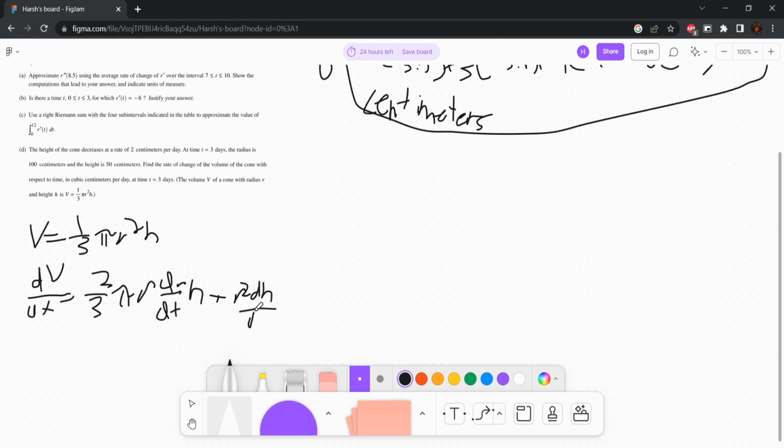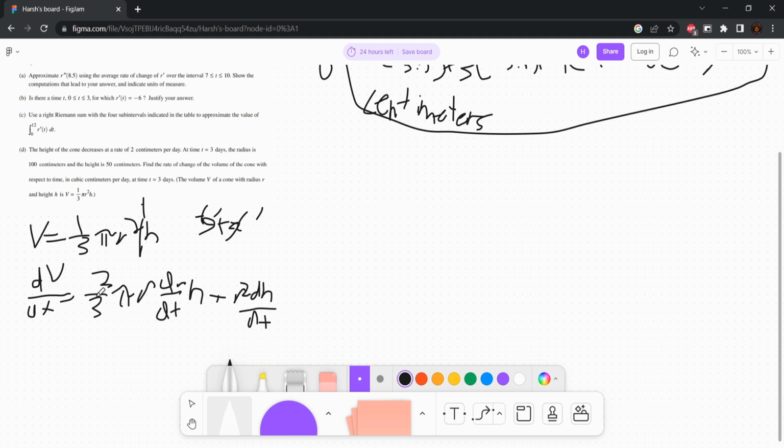The reason you do this is because you have to use the chain rule, and it's also product rule, right? So use f g prime plus g f prime. Think of r squared as one value, so this will be f and this will be h.